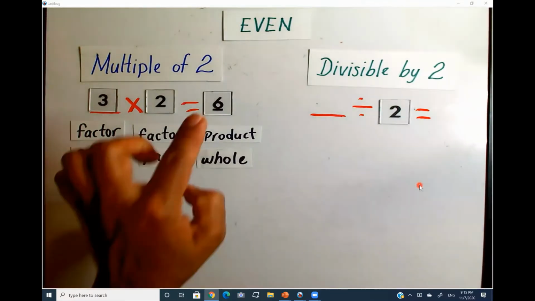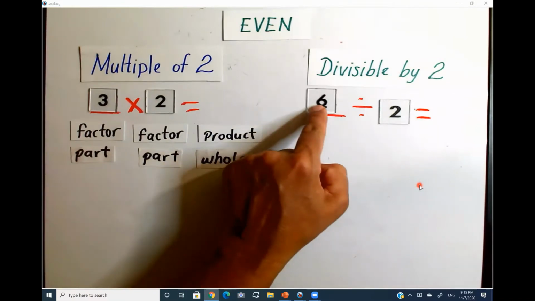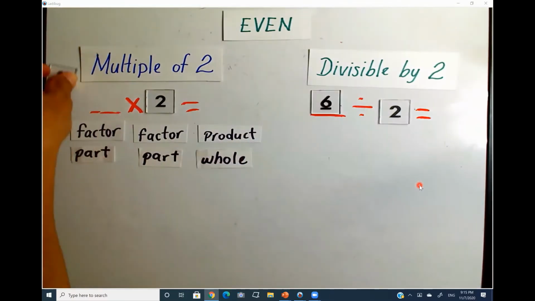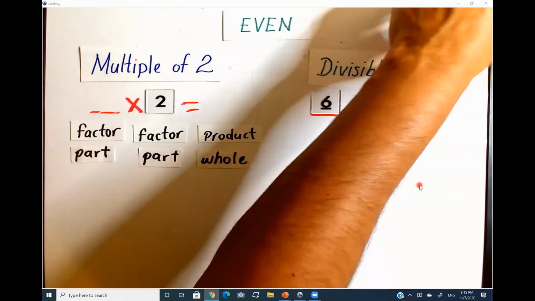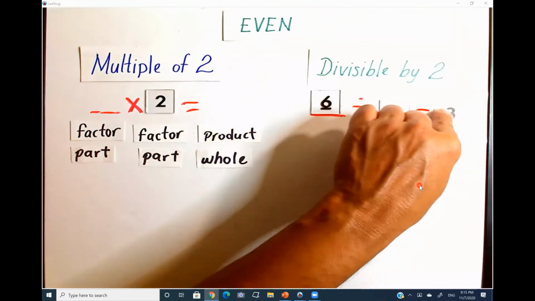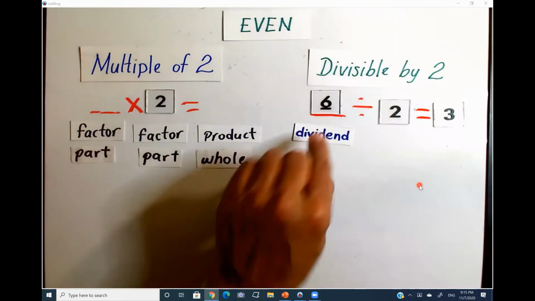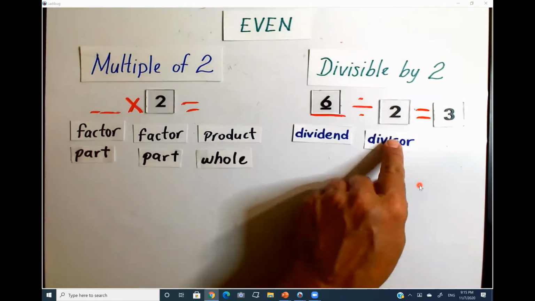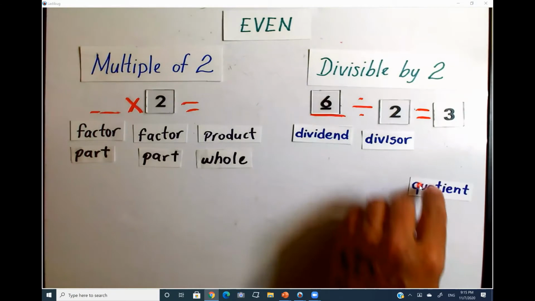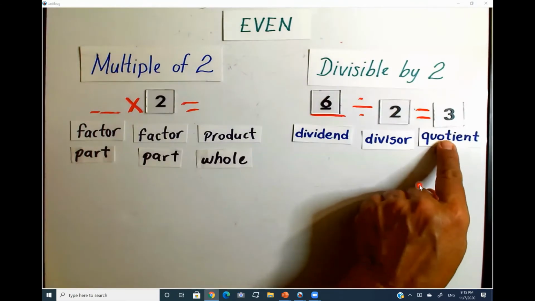For example, 6 divided by 2 is going to be 3. Remember here too that the whole is going to be the dividend, the 2 is going to be the divisor, and the 3, the answer to the division, is going to be the quotient.